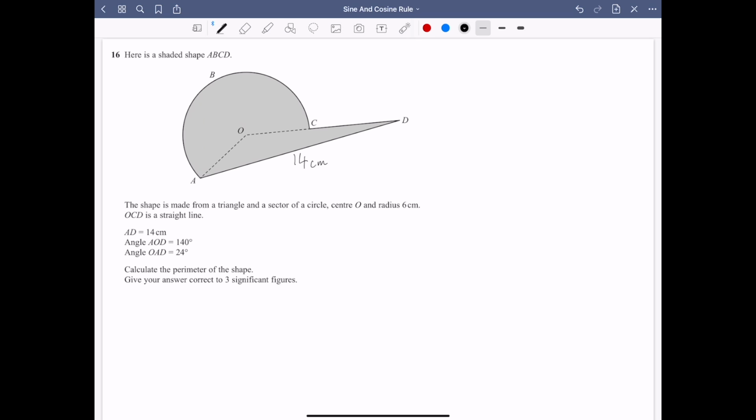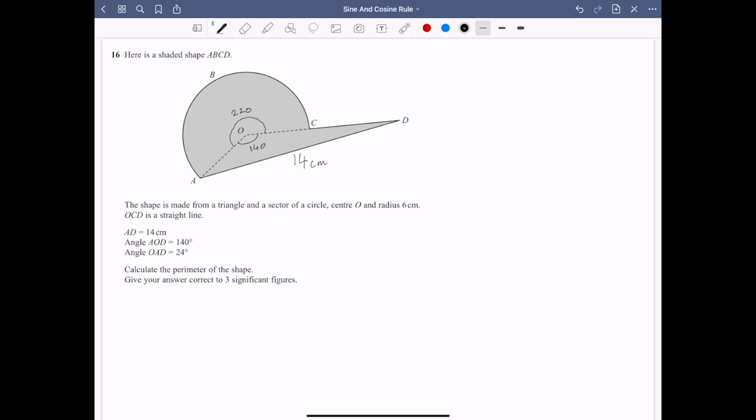I'm going to start with the circle because I think it's the easiest one to do. So the circle, we're told the angle AOD is 140 degrees. That's this angle. Okay, so that means that this angle, this bigger one, is 220.